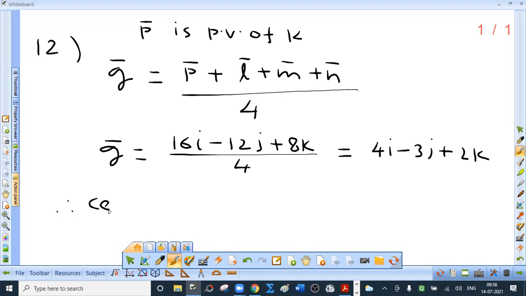Therefore, centroid of tetrahedron is G(4, minus 3, 2). Yes, this definitely lies inside this tetrahedron. So that's it for today.